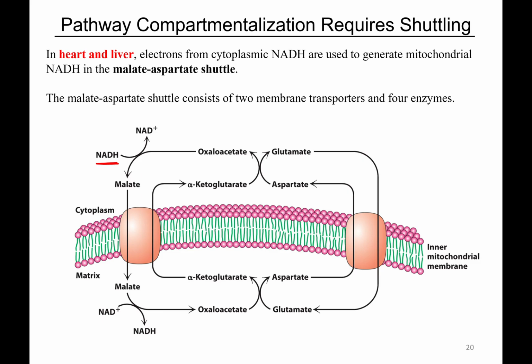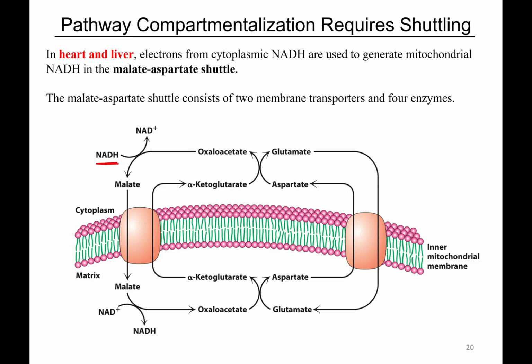Okay, so ultimately, aspartate became oxaloacetate, alpha ketoglutarate became glutamate. The glutamate can then be pumped across the membrane, so it's now in the matrix. The oxaloacetate gets converted to malate, which gets moved in. Okay, the reverse reaction happens in the matrix.